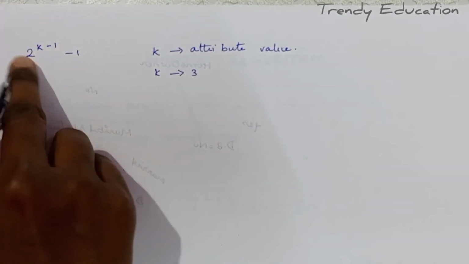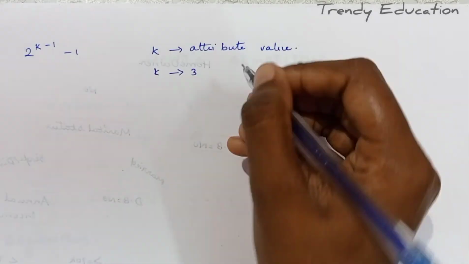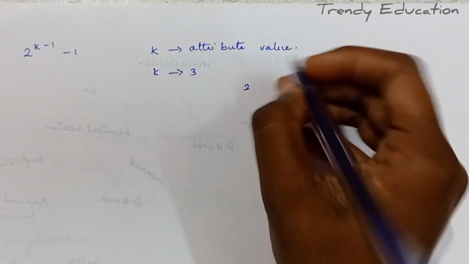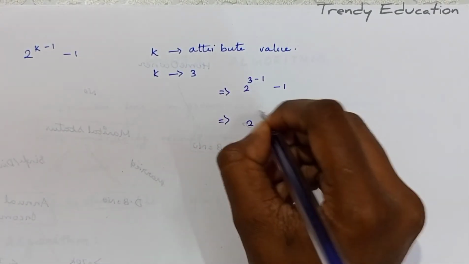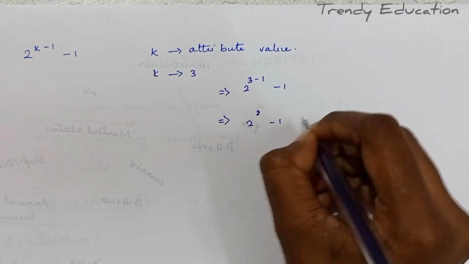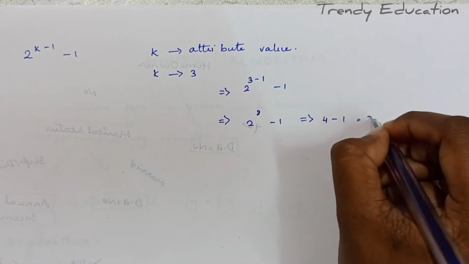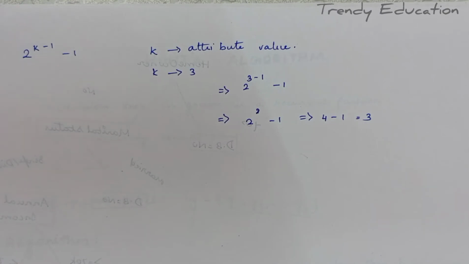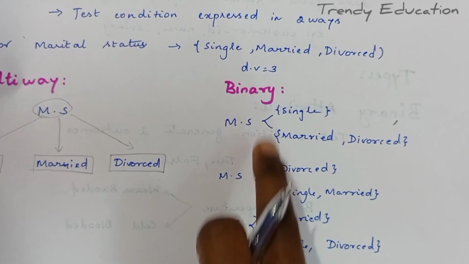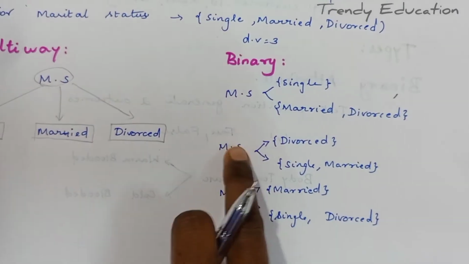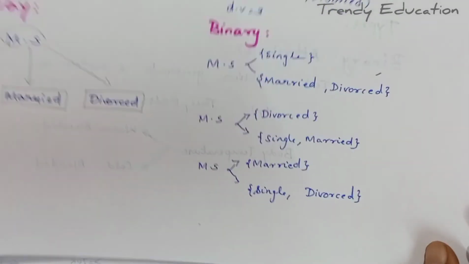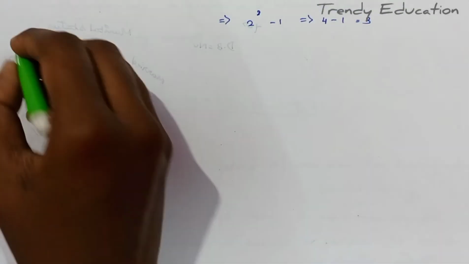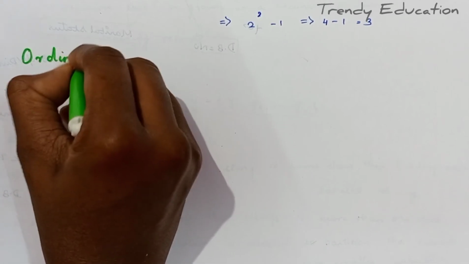Substituting k equal to 3 into this formula, 2 to the power of 2 minus 1, that is 4 minus 1, equals 3. So we are getting 3 binary outcomes, that is, we have 3 binary ways to split.